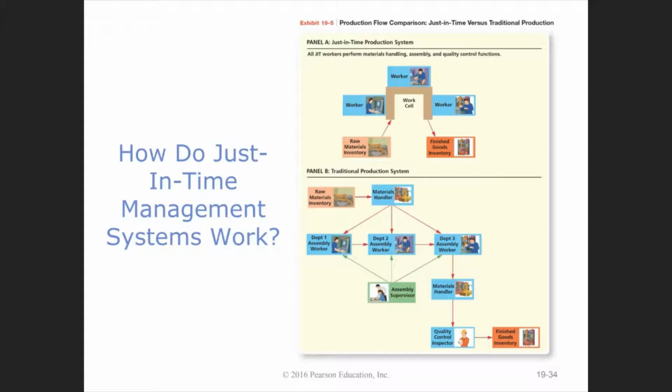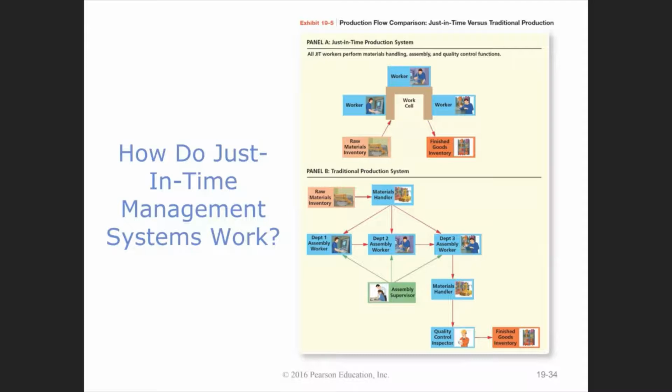So how do just-in-time management systems work? All just-in-time workers perform materials handling, assembly, and quality control functions. So we've got the worker, we've got our raw materials inventory, and it goes to the worker.